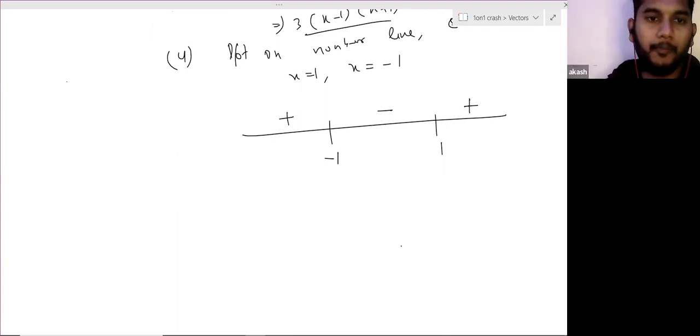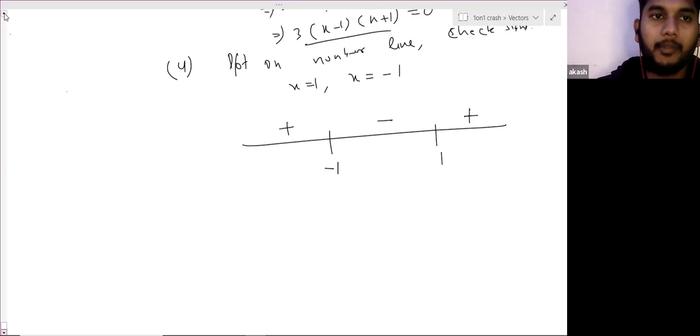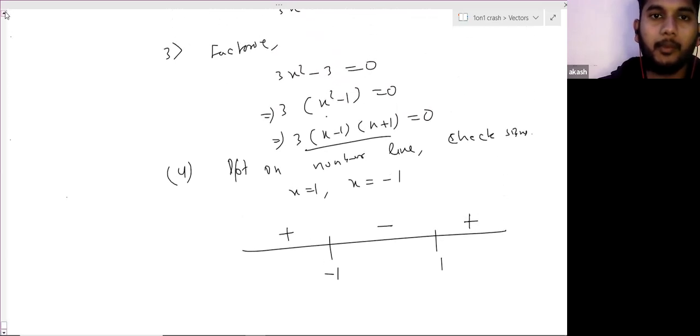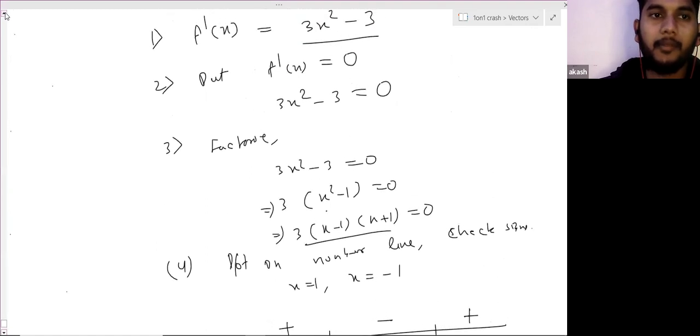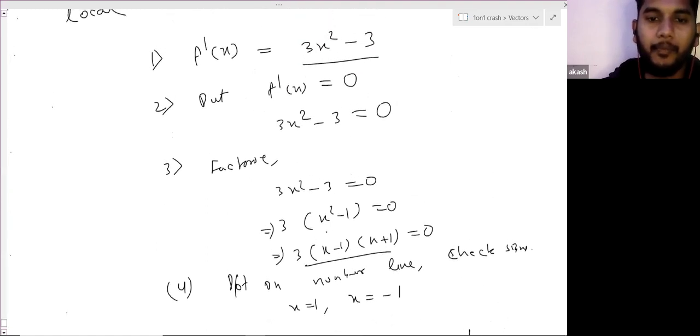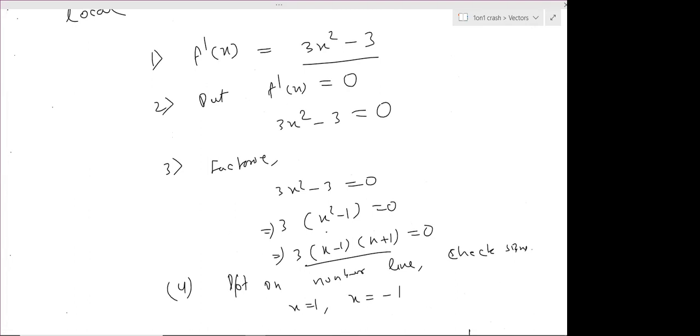Now remember, first note down all these points. Otherwise, I'll have to scroll down again. All right. Remember the steps, and you will never make any mistakes. Note it down. I have written it. All right.